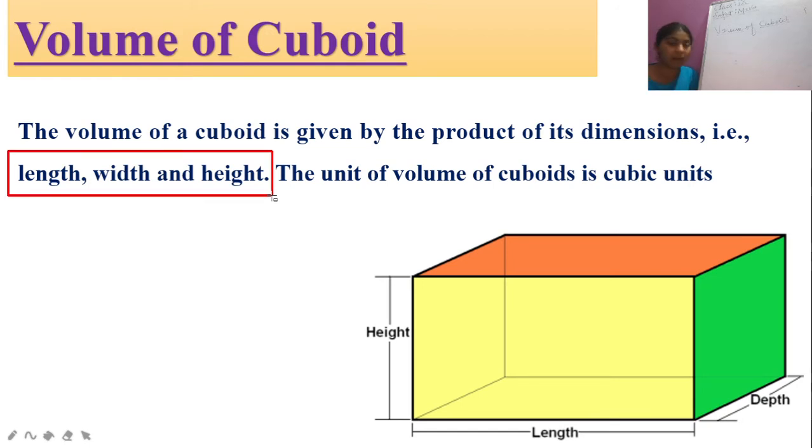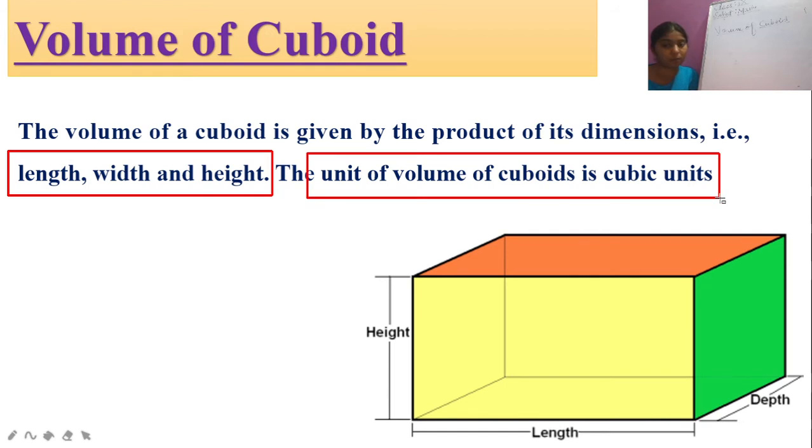The unit of volume of a cuboid is in cubic units. Suppose we have meters, then we get the volume in cubic meter, meter cube. If we have centimeter units for the length, breadth and height, then we get the volume in centimeter cube, right students? That way we can calculate the volume of a cuboid.